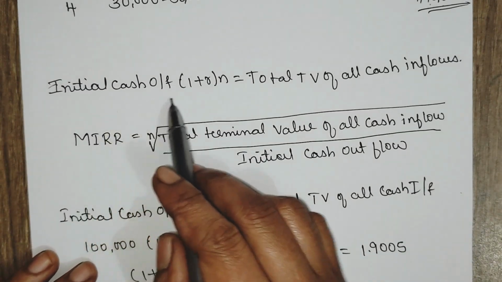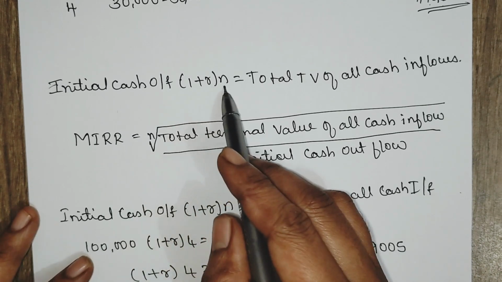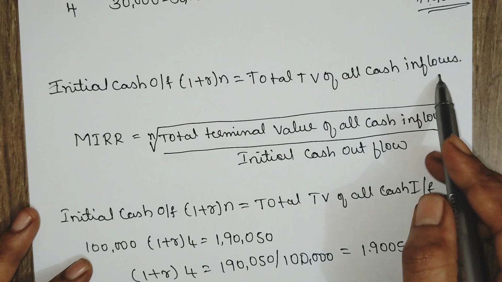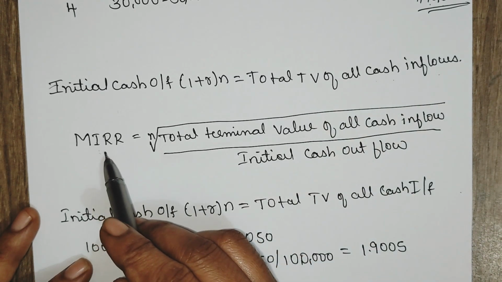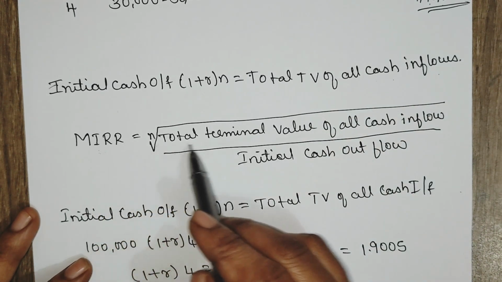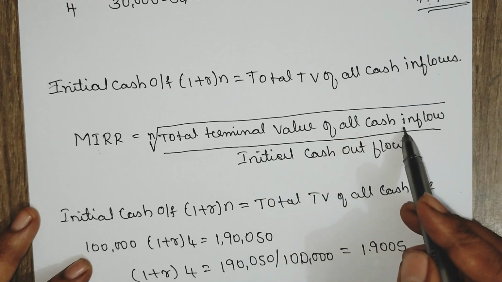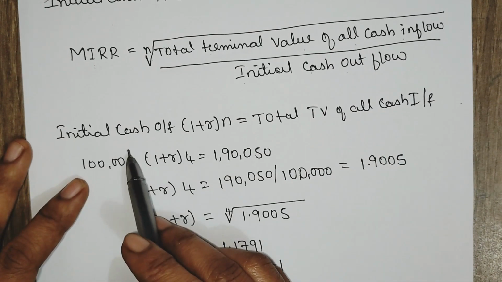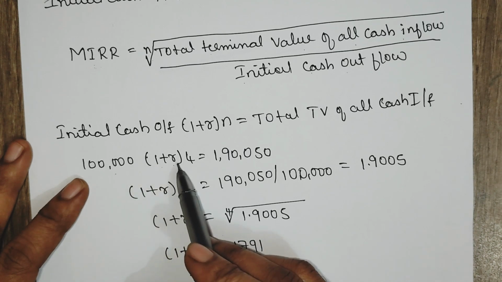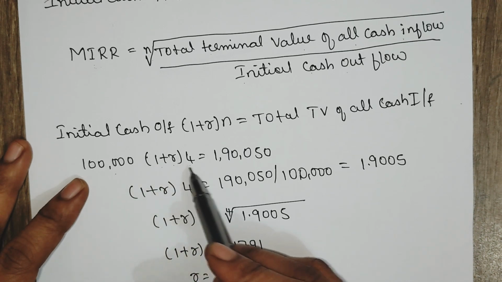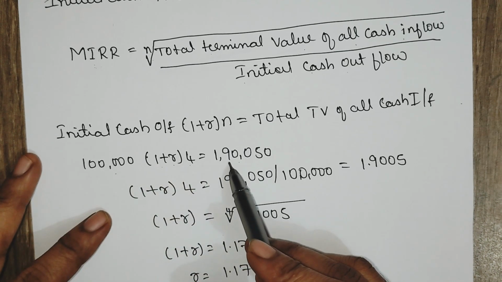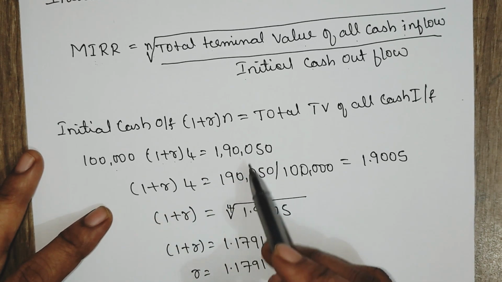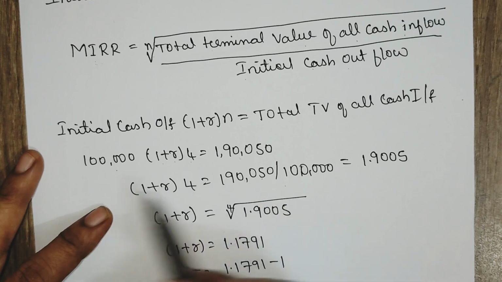Now initial cash outflow into (1 plus R) to the power N is equal to the total terminal value of all cash inflows. The modified internal rate of return is the Nth root of the total terminal value of all cash inflows divided by the initial cash outflow. So the initial cash outflow is 1 lakh, we are finding 1 plus R, N is 4 years, and the total terminal value is 1,90,050. So (1 plus R) to the power 4 is 1,90,050 divided by 1 lakh.